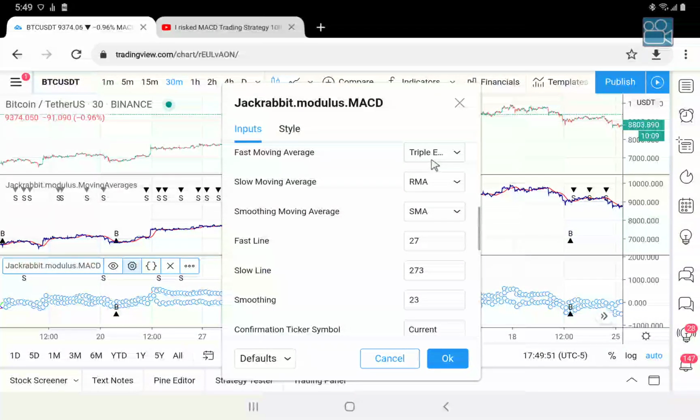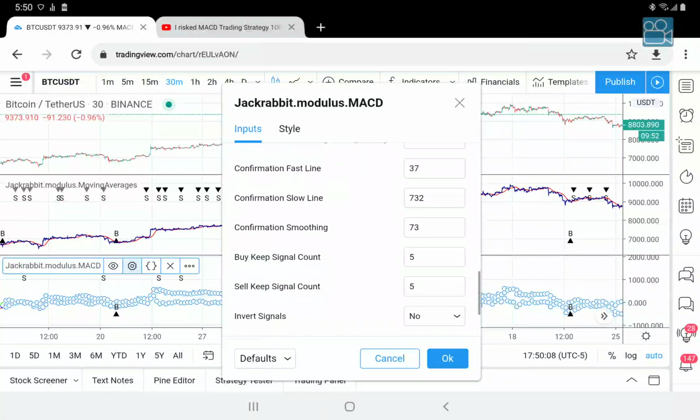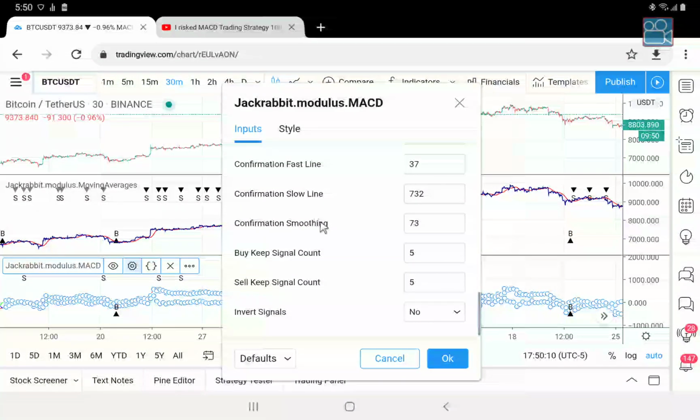Remember, your fast moving average is a triple EMA. An RMA for your slow moving average, and an SMA for your smoothing. And you're using candlesticks for buying and selling to be held for 5 candles.